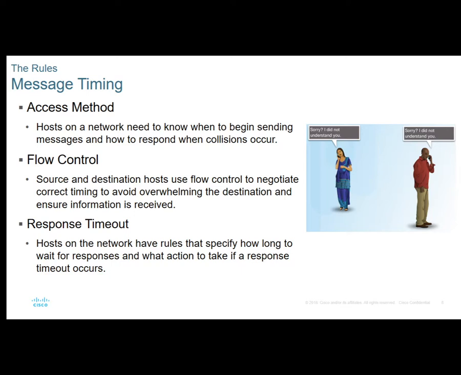We have something also called flow control, which the source and destination hosts use to negotiate the correct timing, to ensure that information is received and to avoid overwhelming the destination. It's kind of like pacing. The response timeout: hosts on the network have rules that specify how long to wait for responses and what action to take if a response timeout occurs. So there are rules for message timing.